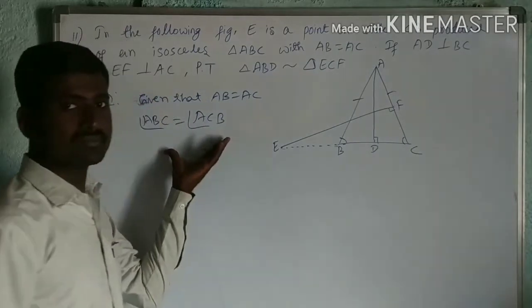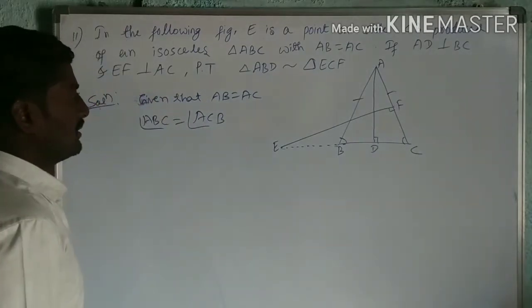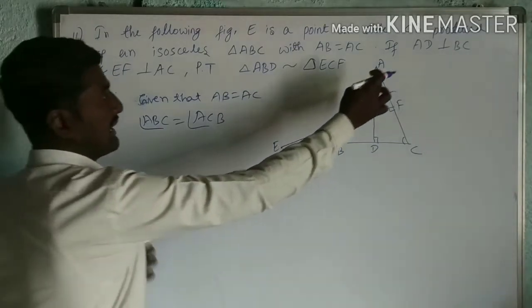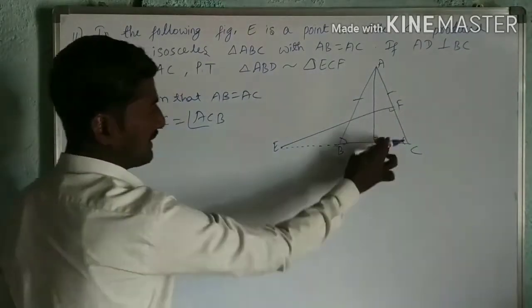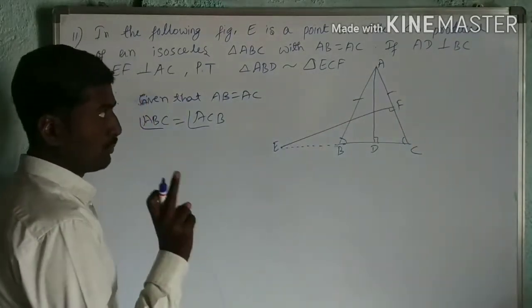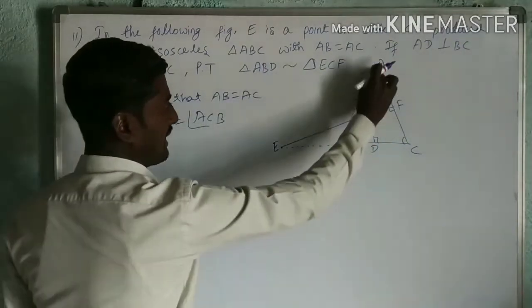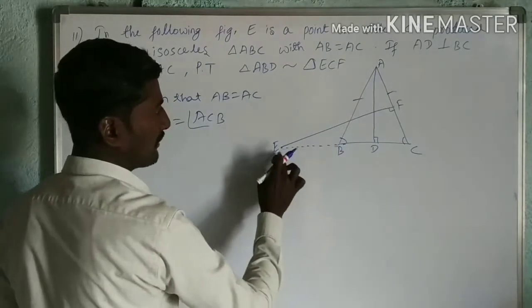Now, next, what is given? AD is perpendicular to BC. This is 90 and this is also 90. But concentrate on triangle ABD and triangle ECF.